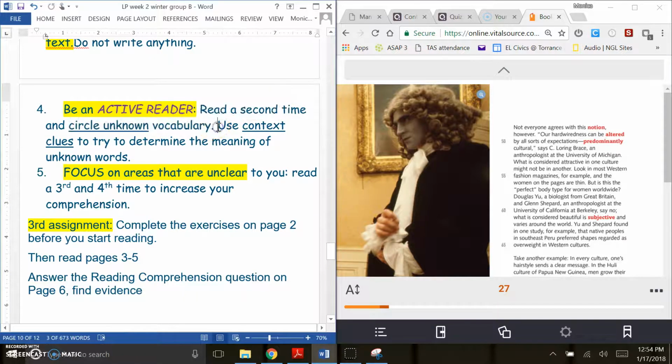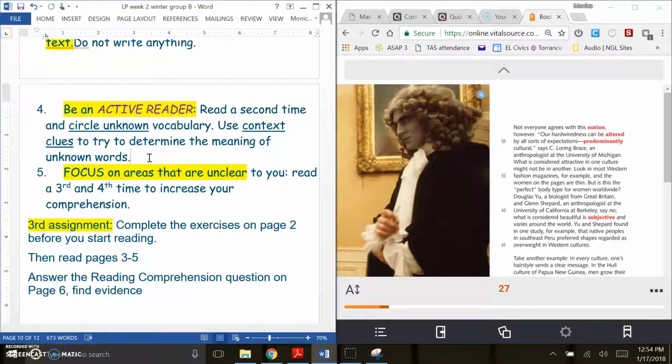And I also want you to use your context clues to help you figure out what could be the meaning of this word in this sentence, okay? We're trying to determine the meaning of unknown words. Remember that in this class, we do not use translators, and the purpose of learning context clues is to help you reduce your time with the dictionary.